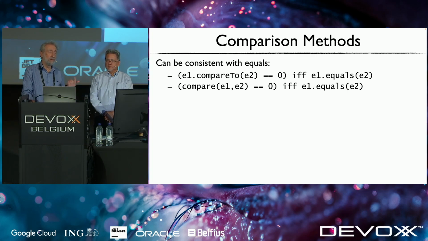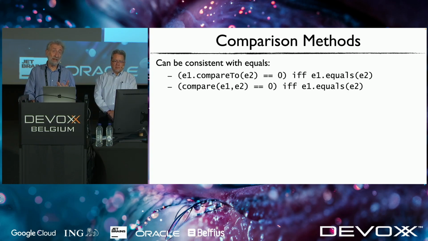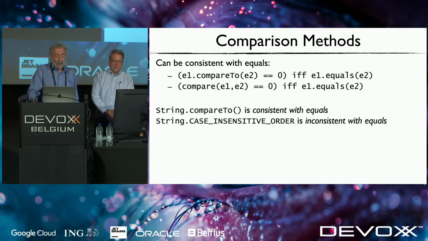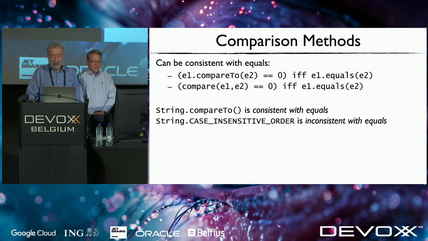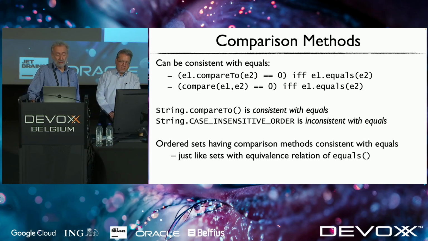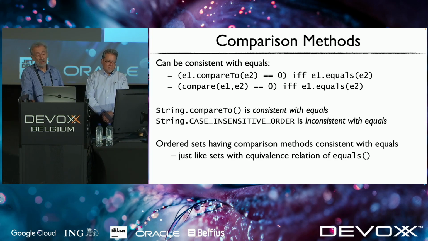The compareTo method, the natural order of strings, is indeed consistent with equals, and so it is also for the integers, the numeric wrapper classes, and so on. That's the normal state of affairs. But sometimes it's useful to have things that aren't. So String.compareTo is consistent with equals. String's case-insensitive order is inconsistent with equals, which is where it gets interesting. And ordered sets having comparison methods consistent with equals are just like sets with an equivalence relation of equals. We don't worry about them.